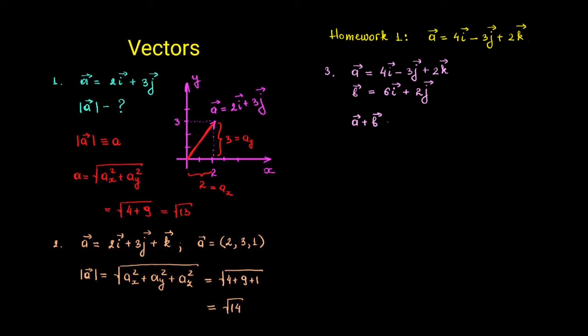So the formula is like this: ax plus bx, ay plus by, az plus bz. So it is 4 plus 6, 10, minus 3 plus 2, it is minus 1, and 2 plus 0, which is equal to 2.